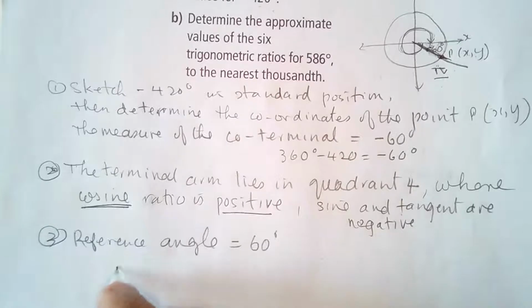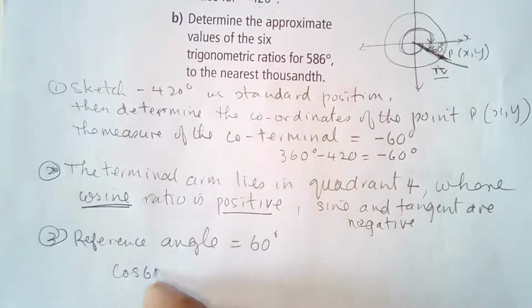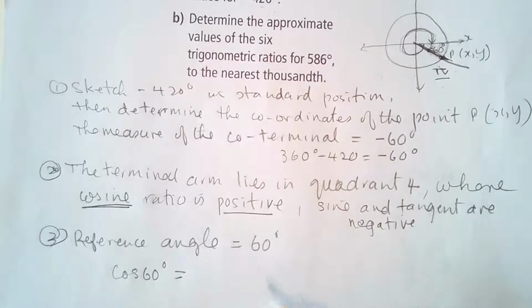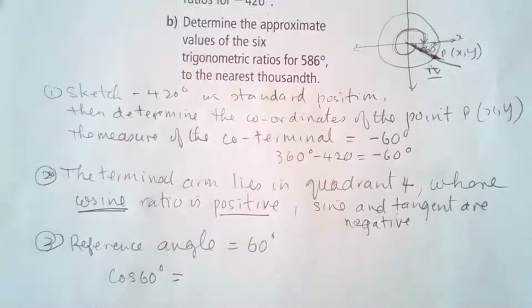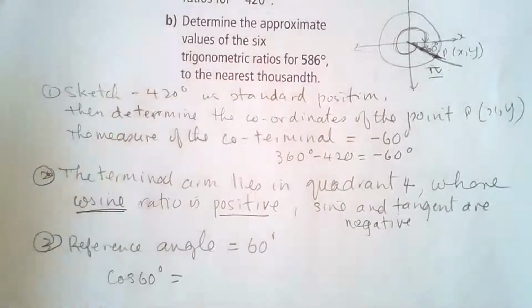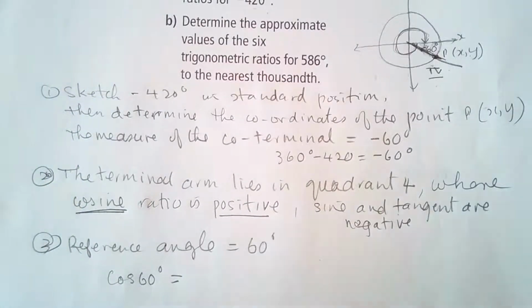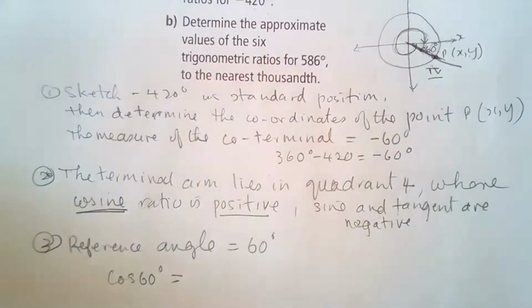So cos of 60 degrees is equal to, now this is where you're going to look at your reference triangle, or in your booklet, you can look at your reference angle, and where you have 60 degrees.